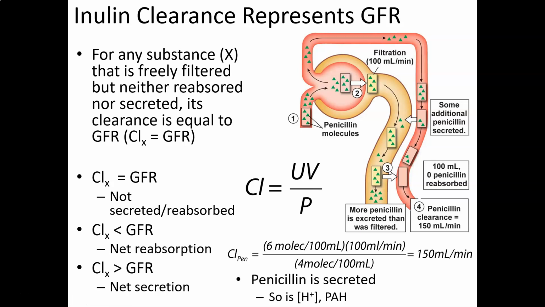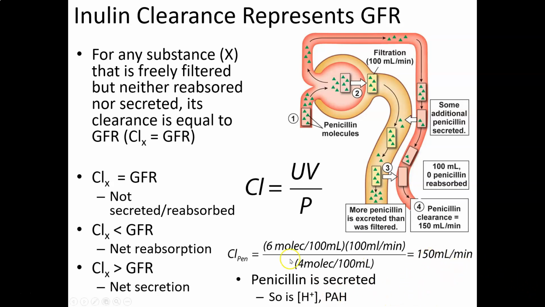Now, here's an example of penicillin. Penicillin is considered by the body as a xenobiotic. Remember, xeno is foreign, so it means a foreign substance. And so it's hard for humans to keep penicillin in a high concentration in their blood, actually, because it's actively secreted.